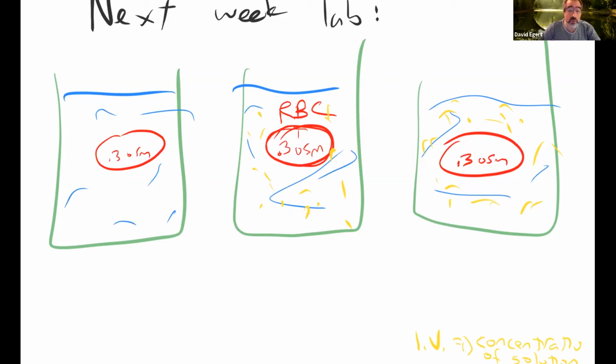The reason we have to worry about the type of solute is some solutes can penetrate the membrane and some can't. Just like I talked about with the osmometer, it mattered that the sucrose couldn't cross the dialysis membrane. We really have to know whether or not the solute crosses this membrane on its own, or whether it's going to get stuck on one side or another and contribute to the osmotic pressure.